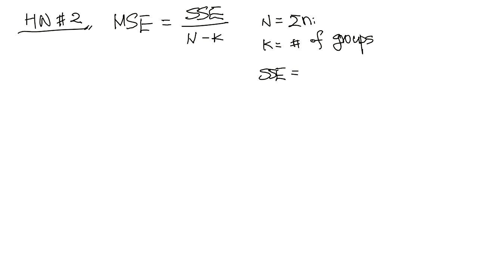One was the double summation, the double sum of squares. SSE is the within, the inside, so individual minus the sample mean from each sample, right?